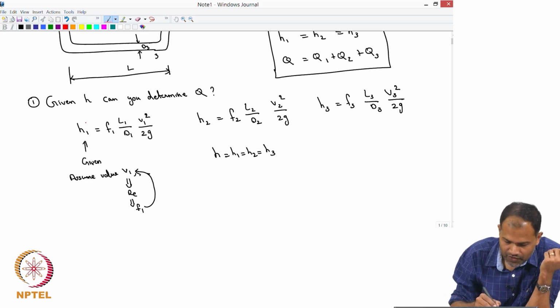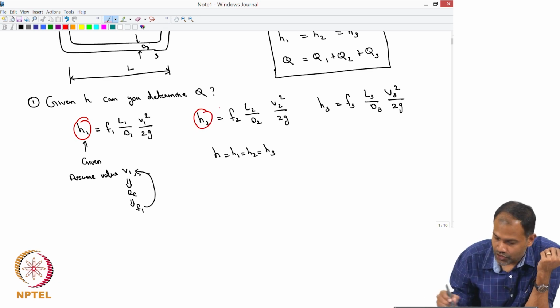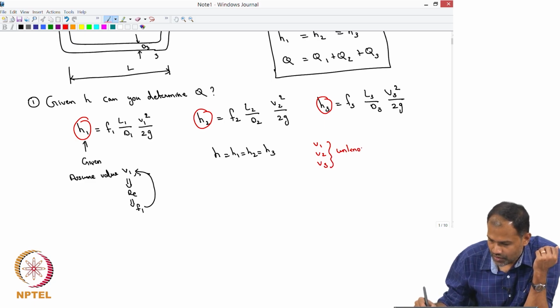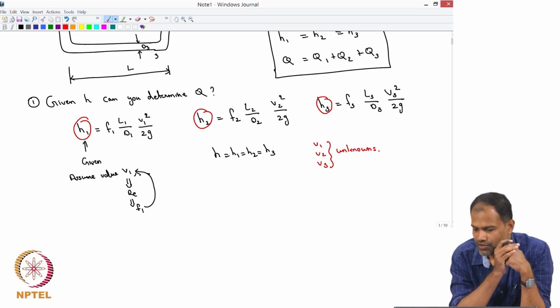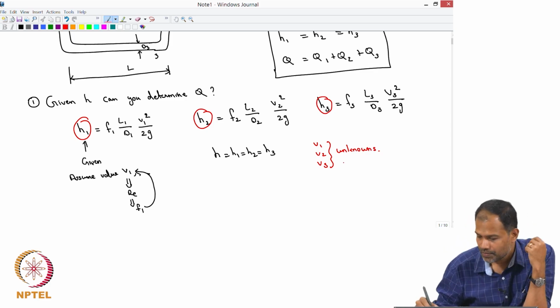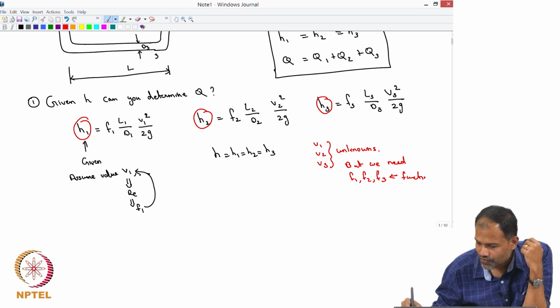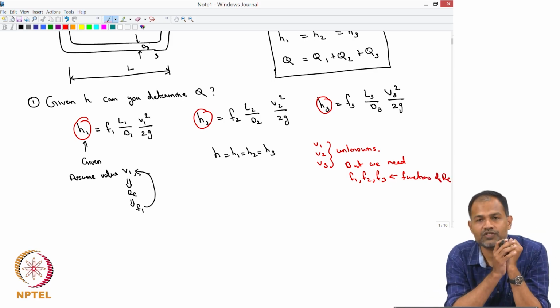So that means we know H1, H2, H3, and V1, V2, V3 are unknowns. Our idea is to calculate V1, V2, V3, but we need F1, F2, F3, which are all functions of the Reynolds number, which are in turn functions of V1, V2, V3.